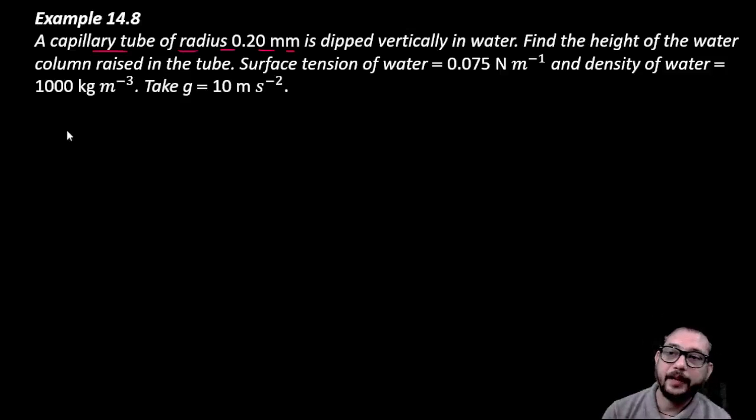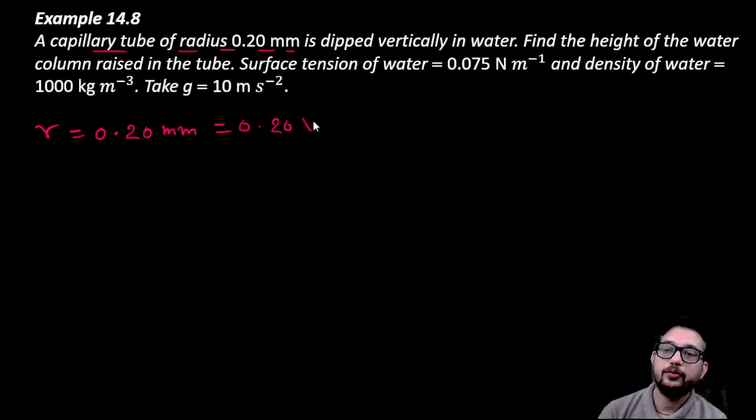As I have told you, the radius of the capillary is represented by small r, so it will be 0.20 mm, or it can be rewritten as 0.20 into 10 to the power minus 3 meter. Find the height, which means we have to calculate the value of h here, so it will be a question mark.